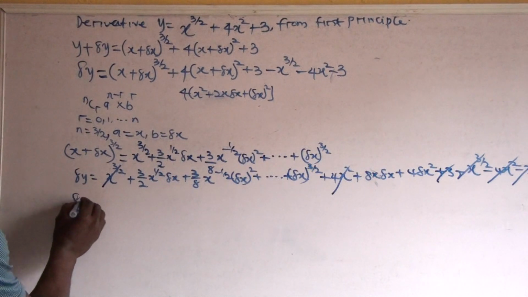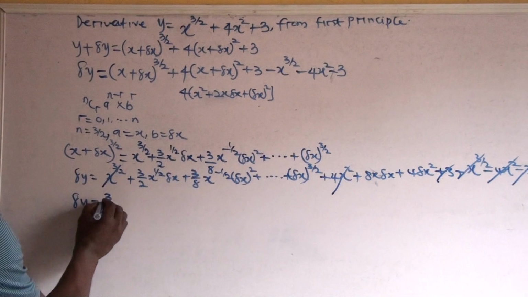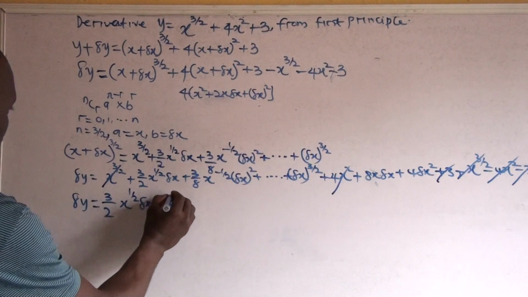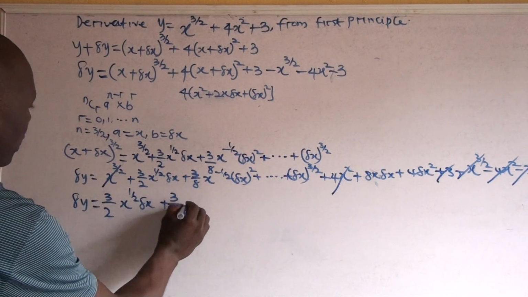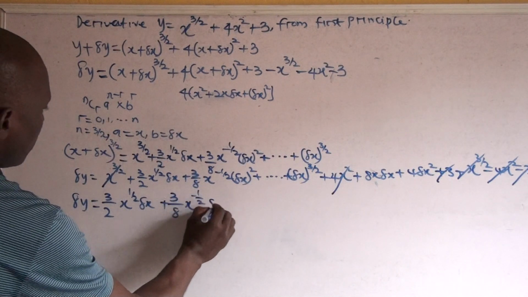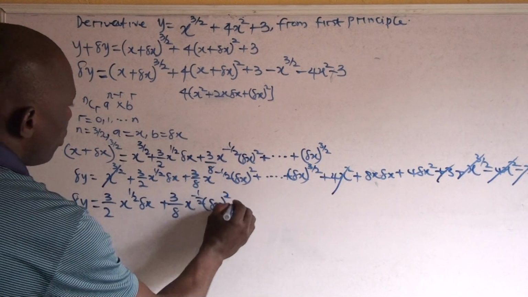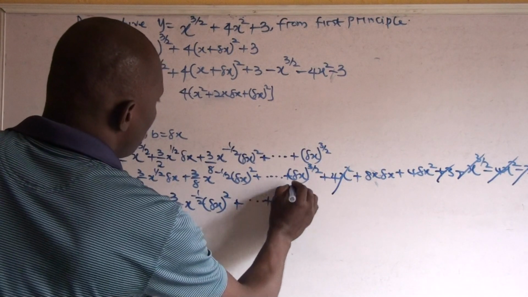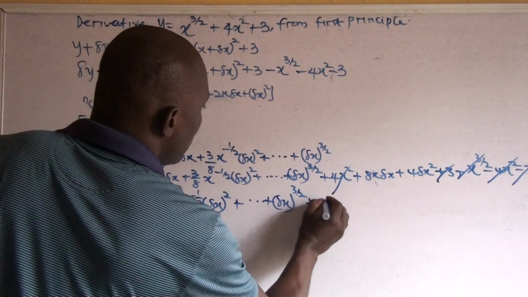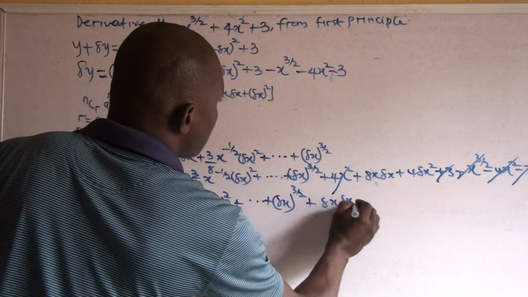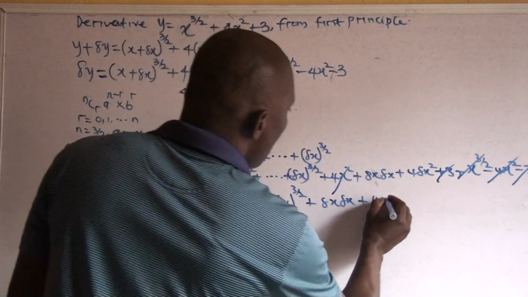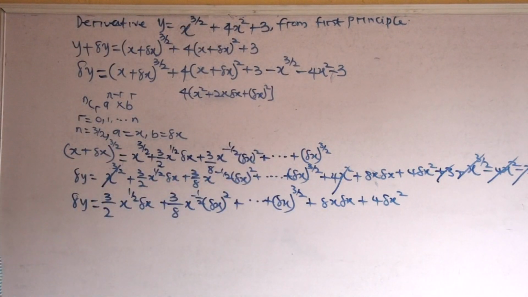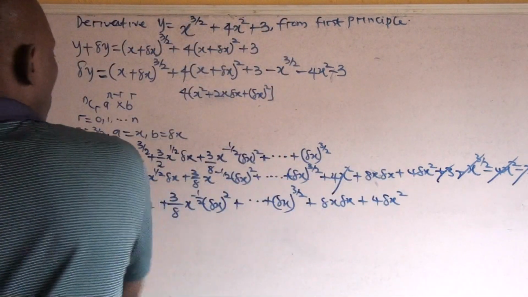So here we have delta y equals 3 over 2 x raised to power half delta x plus 3 over 8 x raised to power minus half delta x all square plus delta x all raised to power 3 over 2 plus 8x delta x plus 4 delta x square.